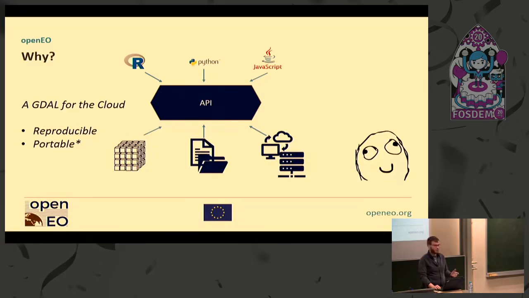In that case, it's portable to some extent, and that's how we think it should be in the future, that you just have very simple access to data in the end and don't need to write proprietary workflows for other cloud providers.